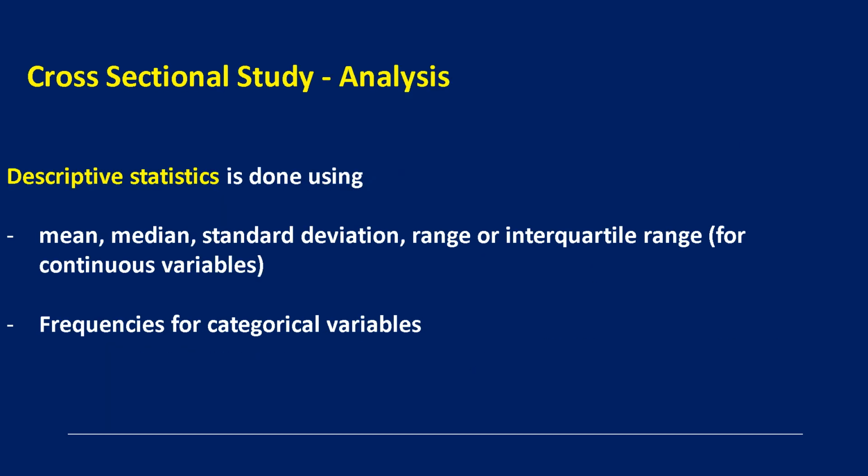Now we can go through the analysis of a cross-sectional study. Analysis of data can be done either by using descriptive statistics or by using inferential statistics. Descriptive statistics is done using mean, median, standard deviation, range or interquartile range for continuous variables.